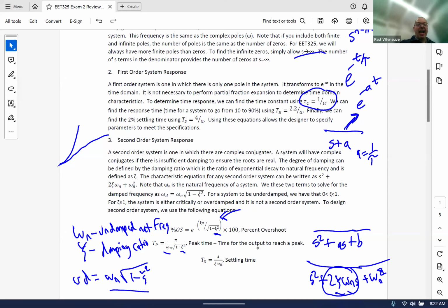This is the actual frequency that the system experiences, but the undamped one, omega sub n, is a different frequency. Interestingly enough, when you add damping to a system, you actually modify the frequency, so it takes longer to reach steady state, right? But you've got to do it because the undamped natural frequency just oscillates forever.